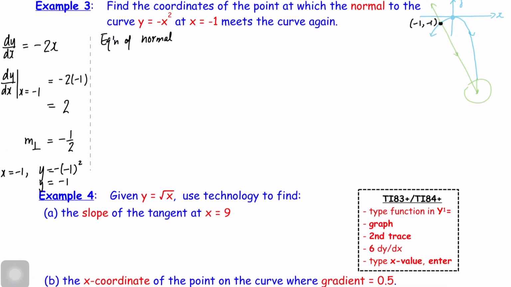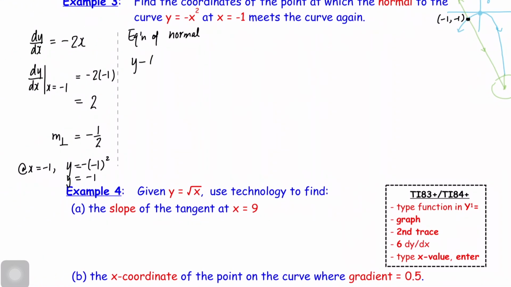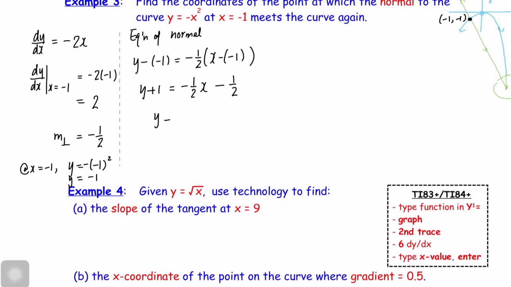All right, so y minus negative 1 equals the slope negative half, bracket x minus negative 1. So y plus 1 is negative 1 over 2 x, plus 1 half. So minus 1 from both sides of the equation, I have y equals negative 1 over 2 x minus 3 over 2. Okay, so this is the equation of the normal. It's somewhat useful, so let's put a box around it.